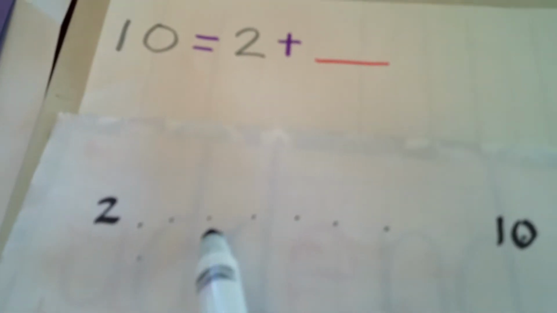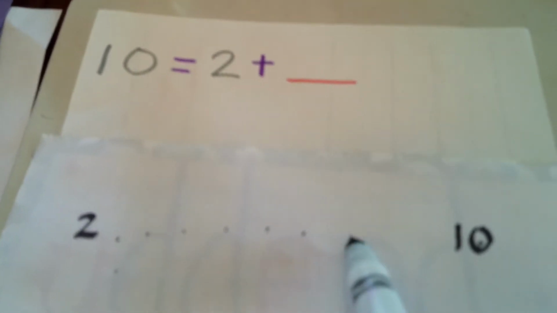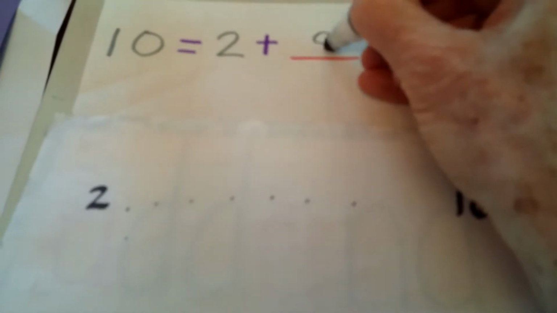Now let me count up how many dots I made. 1, 2, 3, 4, 5, 6, 7. Don't forget this one. 8. 2 plus 8 equals 10. Let me count again. 1, 2, 3, 4, 5, 6, 7, 8. I think 2 plus 8 equals 10.